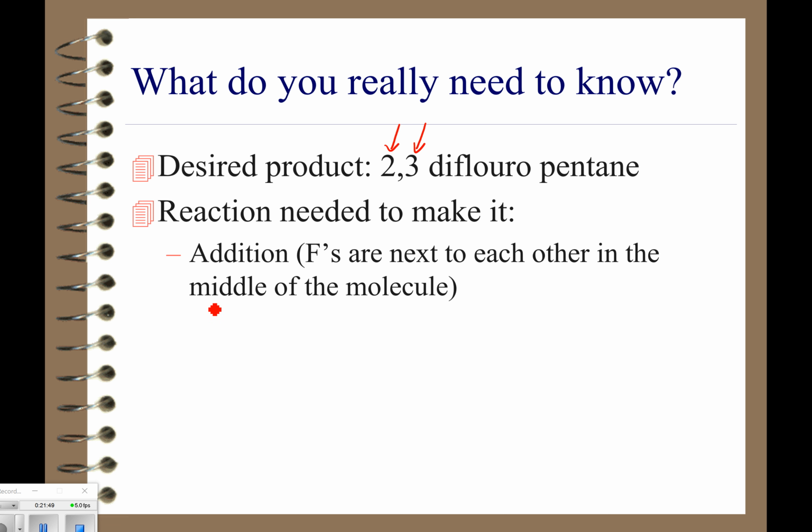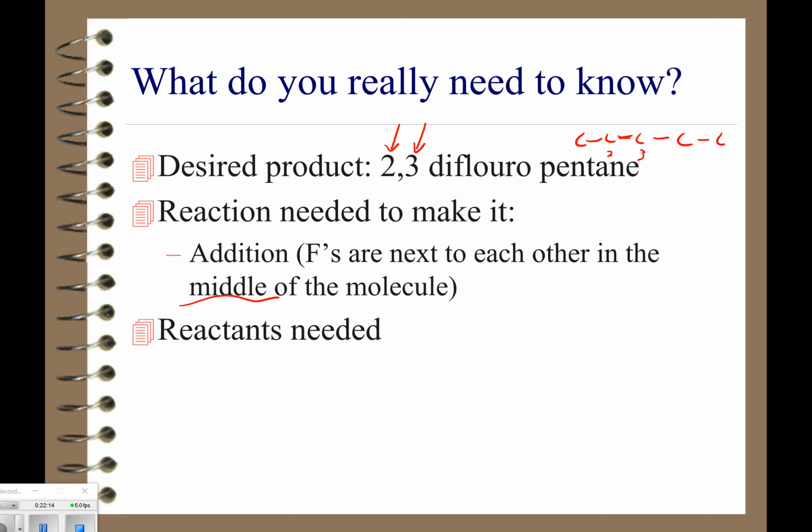And the reason why they're in the middle of the molecule is because we had a 5-carbon parent chain, but in order to add fluorines on the second and third carbon, we're going to need a double or triple bond in that molecule.